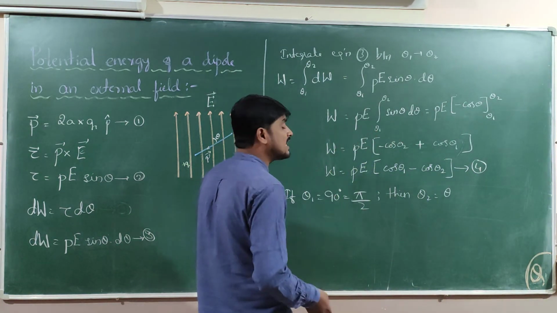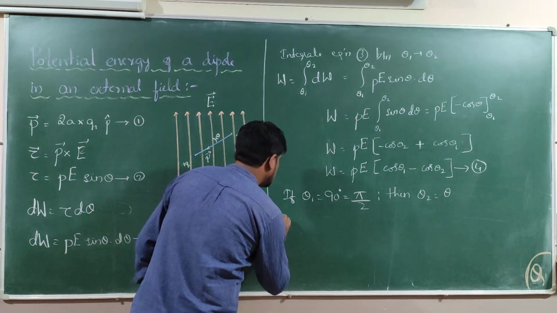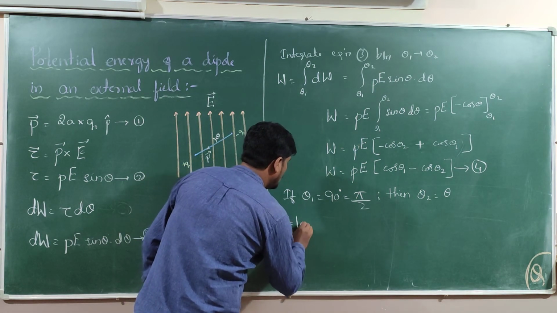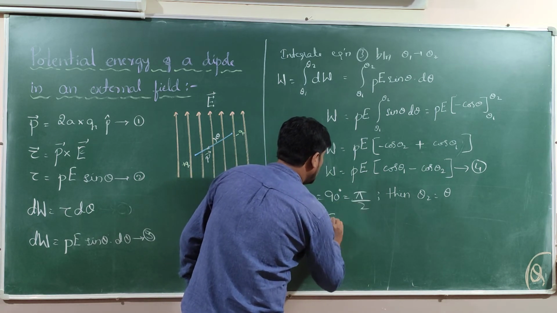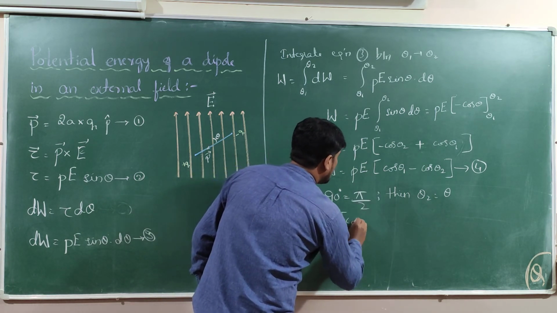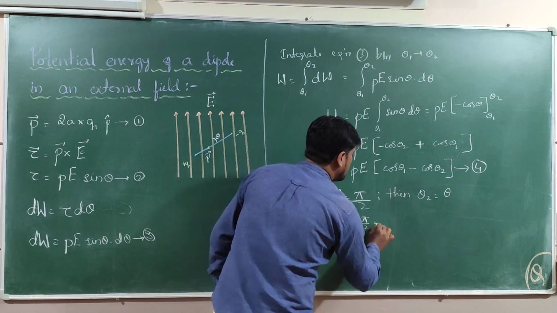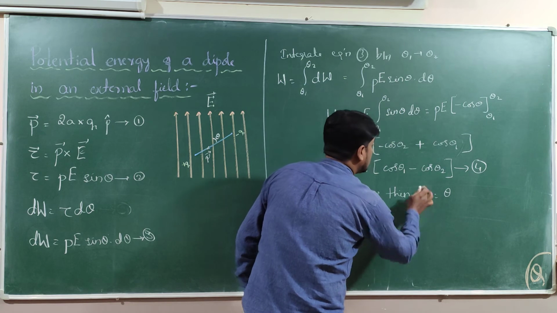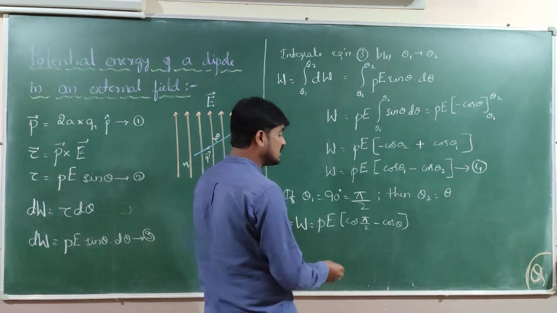This potential energy is nothing but the work done; both are the same. So U is equal to W is equal to PE into cos theta 1, that is cos 90 degrees or cos pi by 2, minus cos theta 2, which is simply cos theta. We are aware that cos 90 is 0.